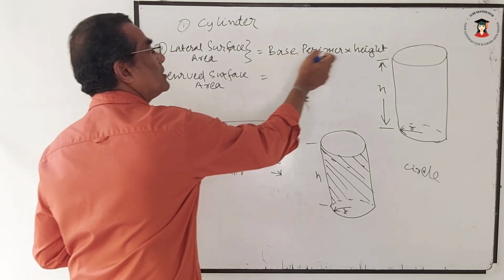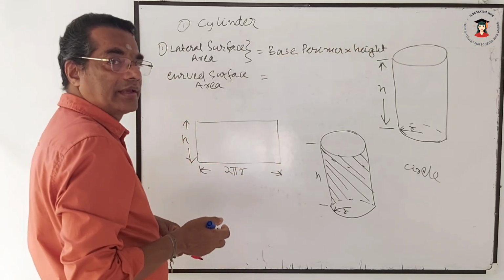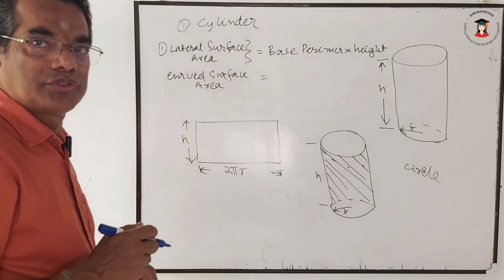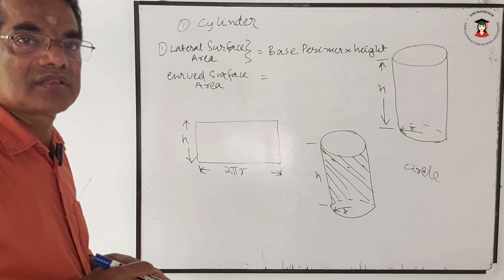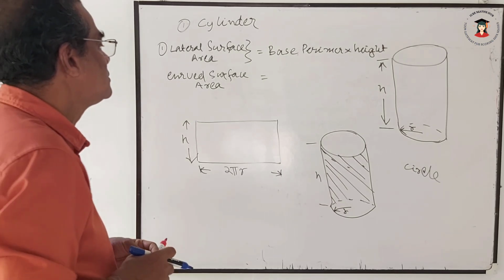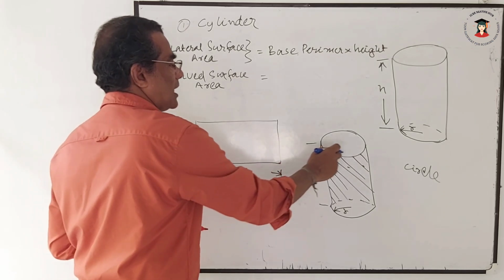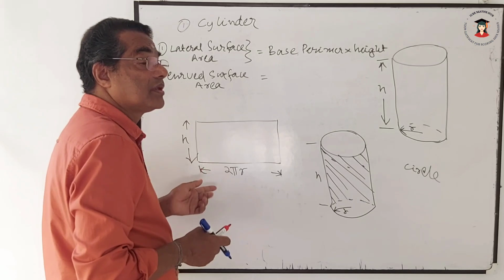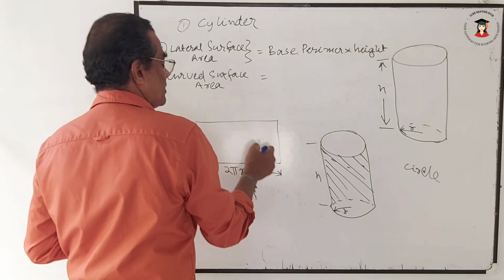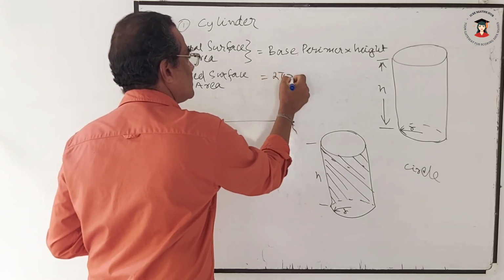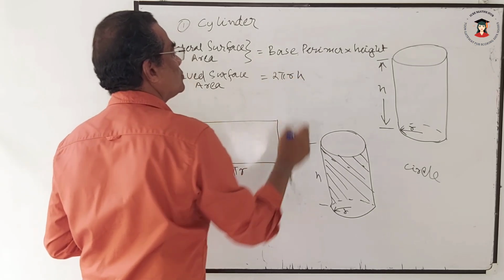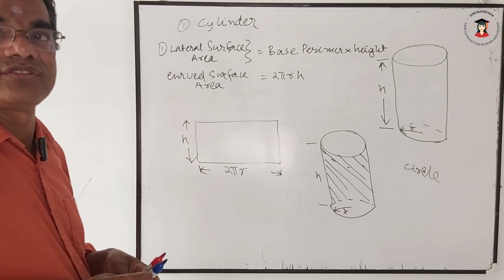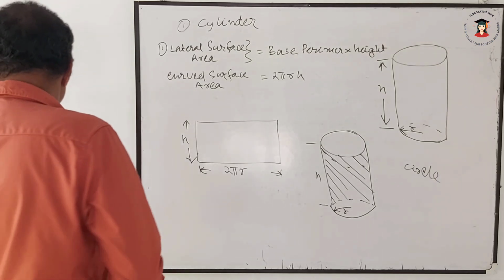So that is why we got this general equation: base perimeter into height. That you should note. The lateral surface area of a cylinder is equal to base perimeter into height. Base perimeter is 2 pi r and height is h. So you will get the lateral surface area of a cylinder as 2 pi r h.